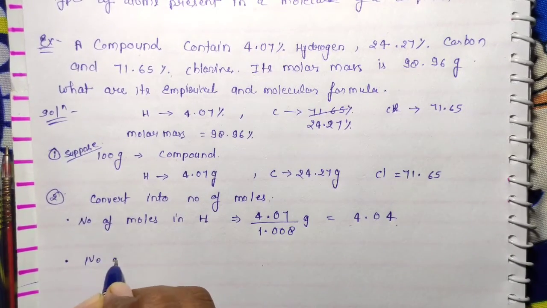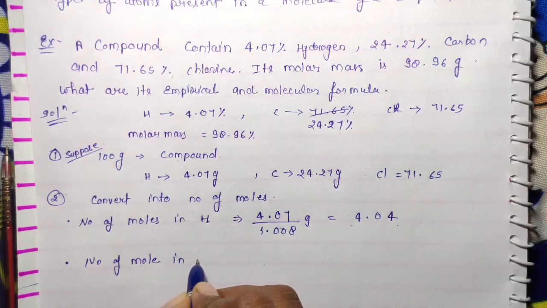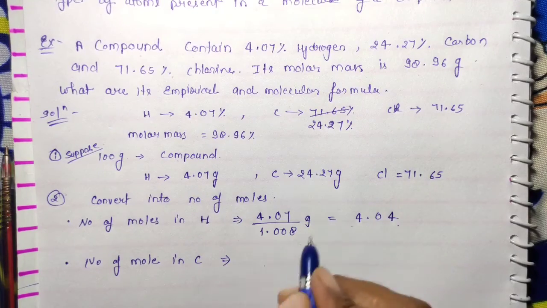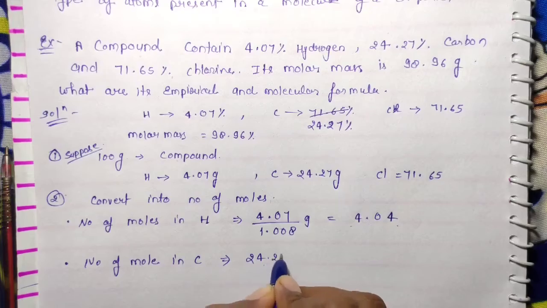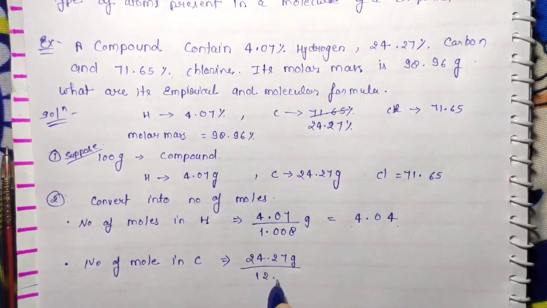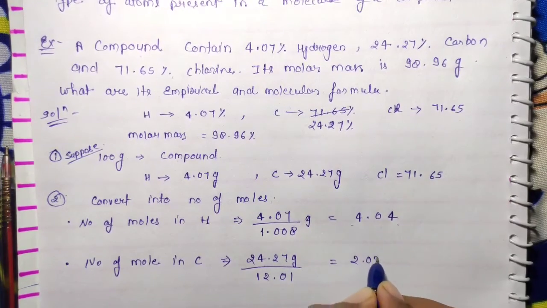Next, number of moles of carbon will be weight of carbon 24.27 gram divided by atomic weight of carbon 12.01. It will be 2.021.